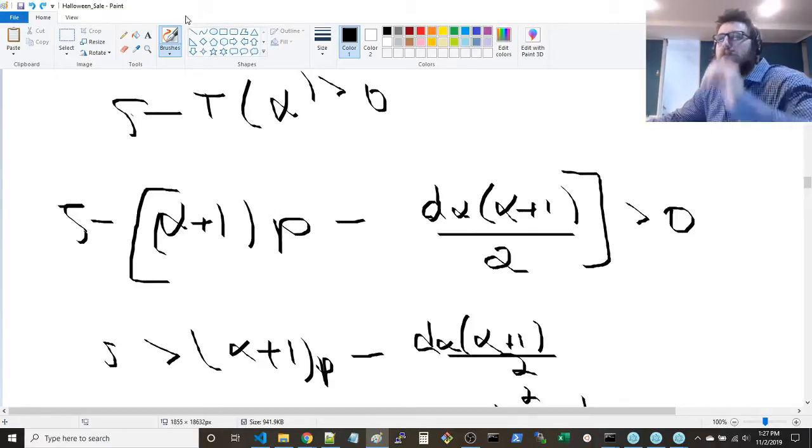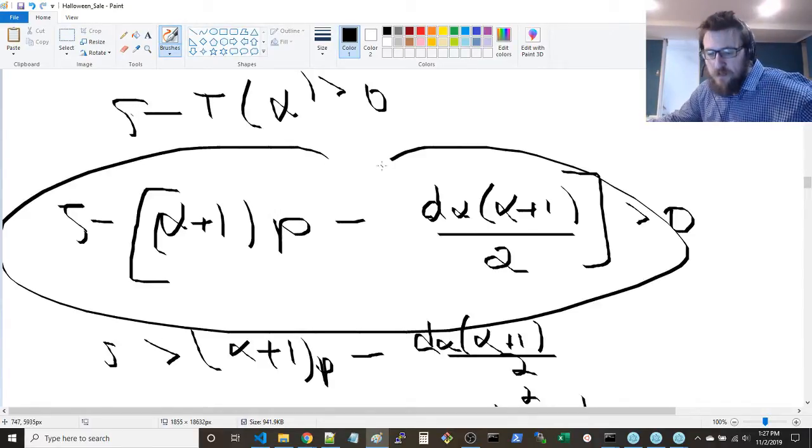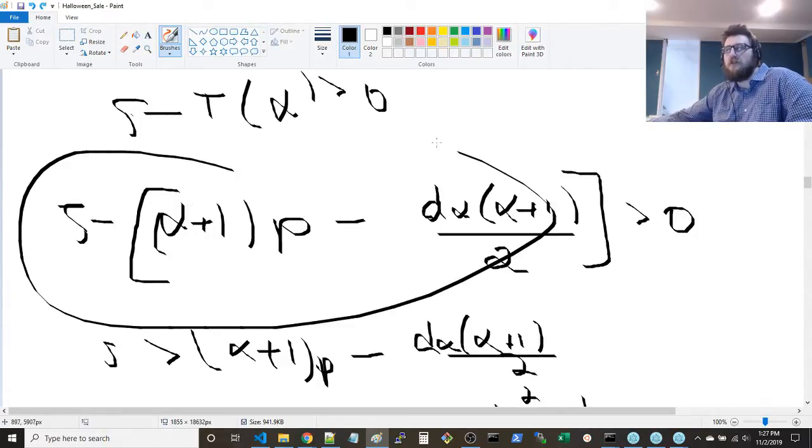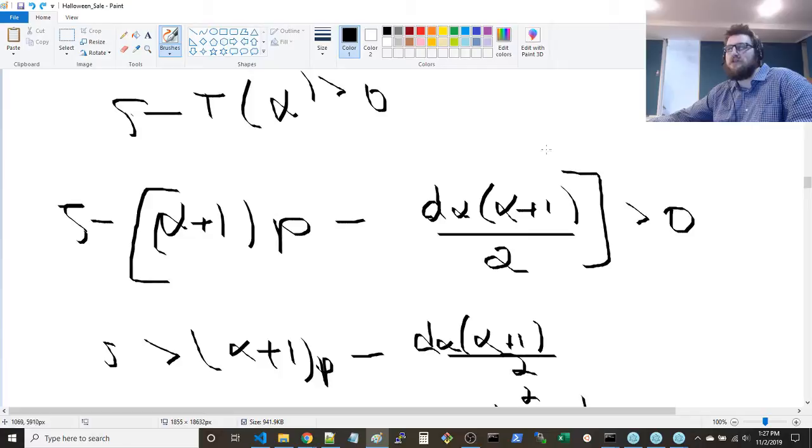You don't just want this function to be positive, right? You want to find the largest possible alpha such that s is positive. So in other words, you're trying to minimize this function. That's maybe a better way to formulate this, to understand it. Then you can use calculus. You're actually trying to minimize this function, this difference, with respect to alpha.